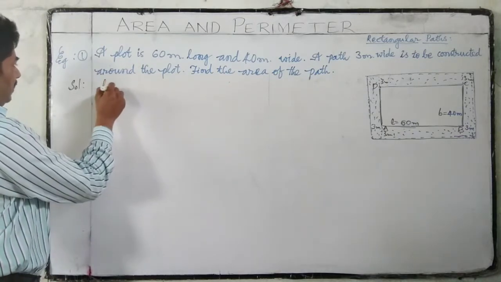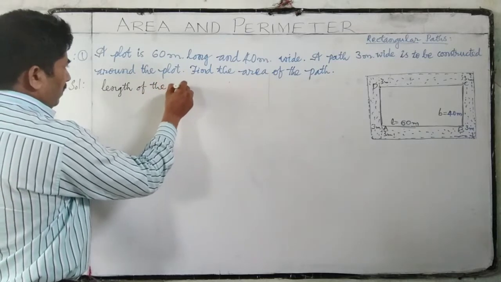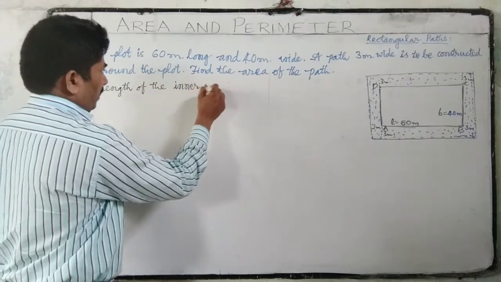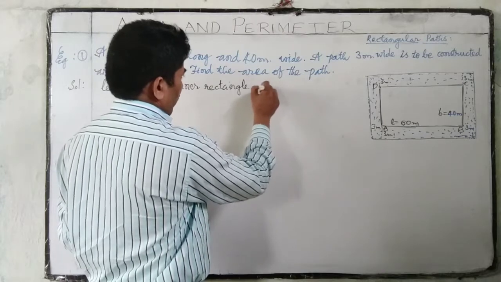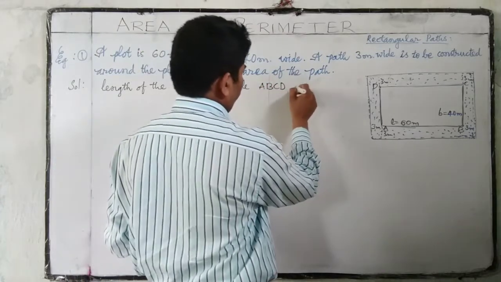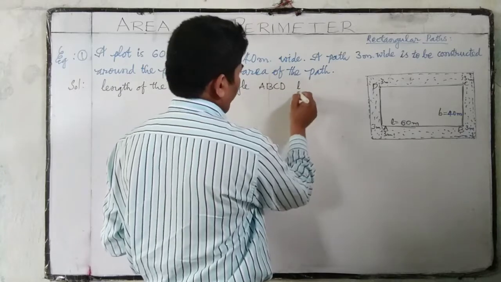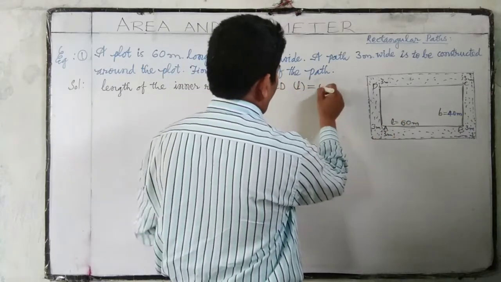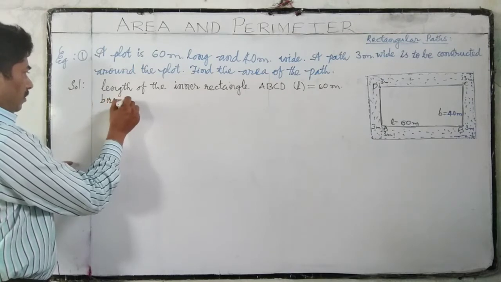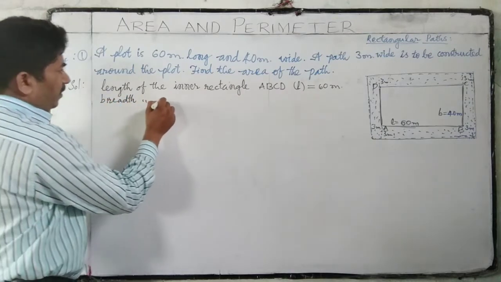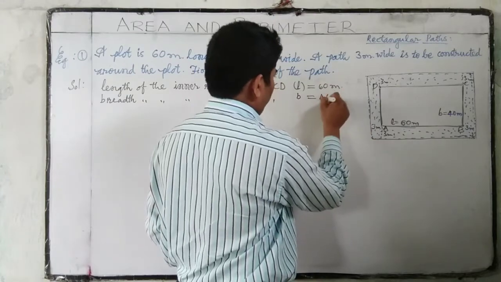First, length of the inner rectangle ABCD, L is equal to 60 meters is given, and breadth of the inner rectangle ABCD, b is also given, 40 meters.